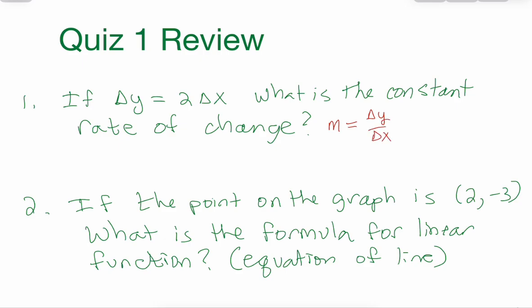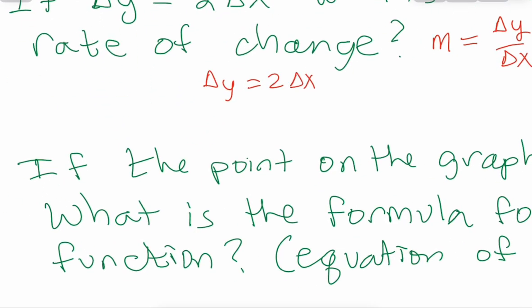So if we see that delta y is 2 times delta x, all we need to do is get the delta x under the delta y, and we got it. So really, it's going to end up being the coefficient that was attached to the delta x to begin with. So our answer is 2.